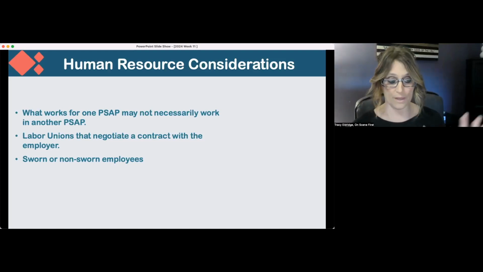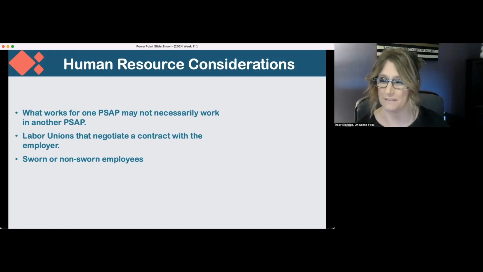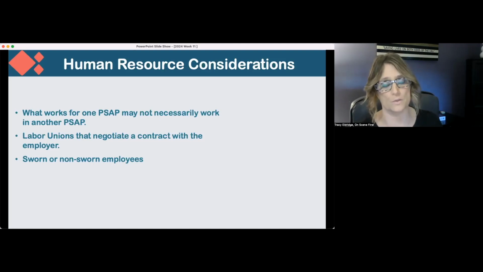And while the admin staff has made several suggestions, the union is kind of blocking that process of moving it forward. We have to be more understanding and involve everybody, right? So we can't just do for ourselves when it comes to something like that. So that would be considered a human resource consideration when it comes to scheduling.